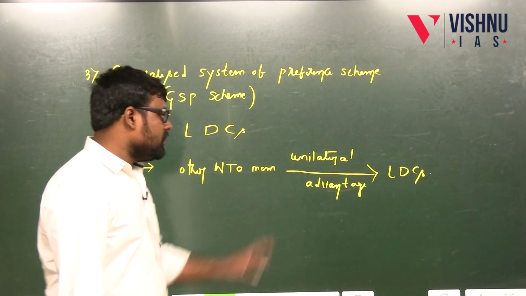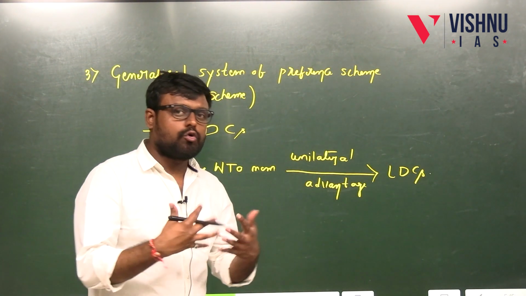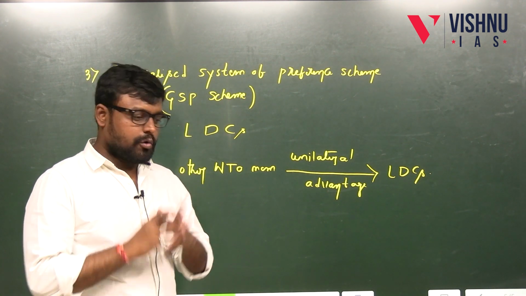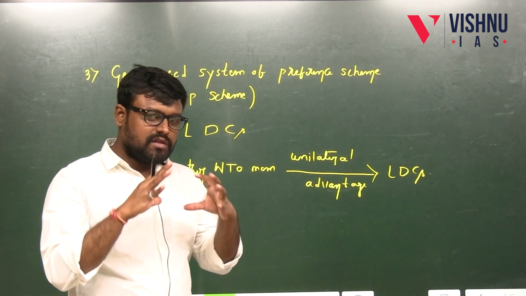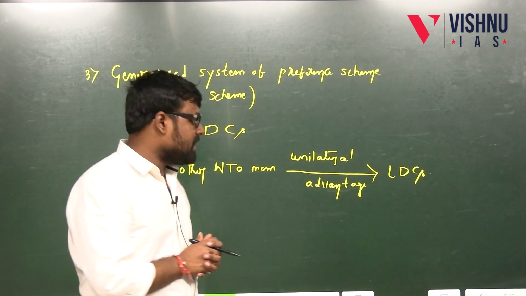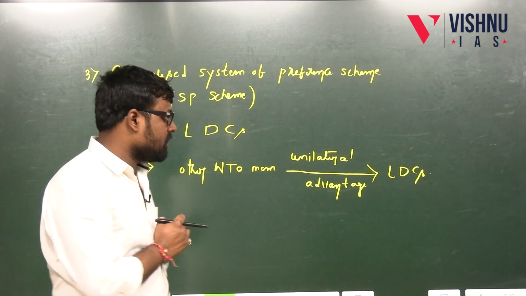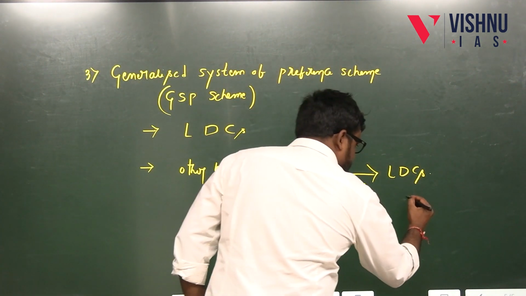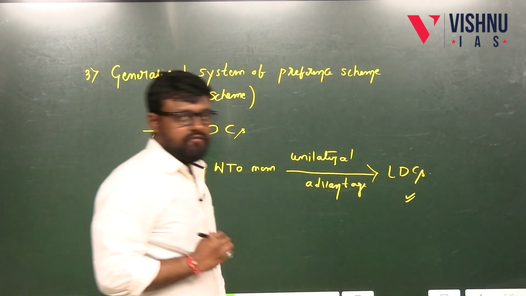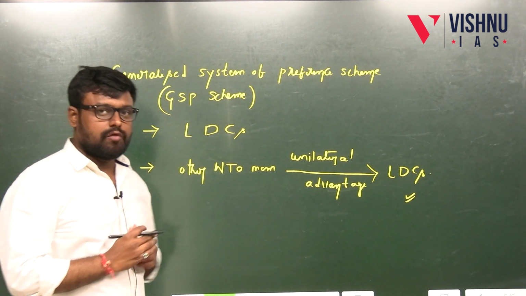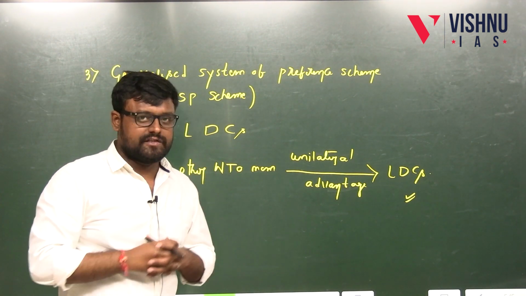So what is the meaning of unilateral advantage? Earlier I told you about the free trade agreement. It is a bilateral agreement, both countries are going to get benefited. But this is not the case with the generalized system of preference scheme. Here the least developed country is going to get benefited, not the other WTO member country, for example USA.